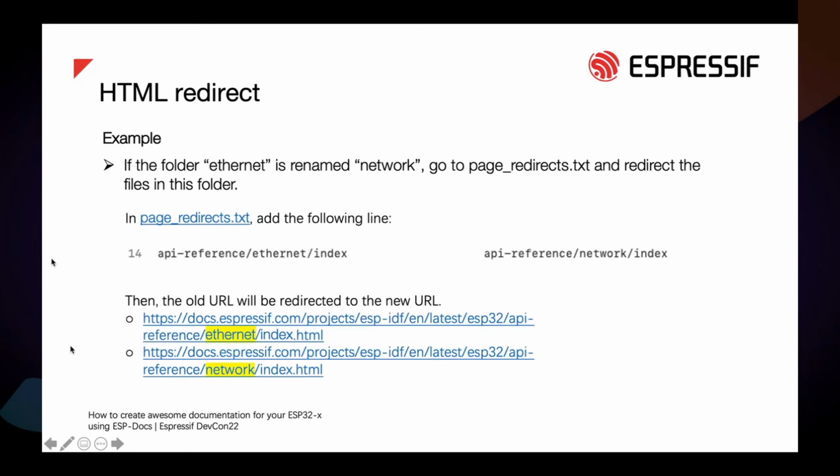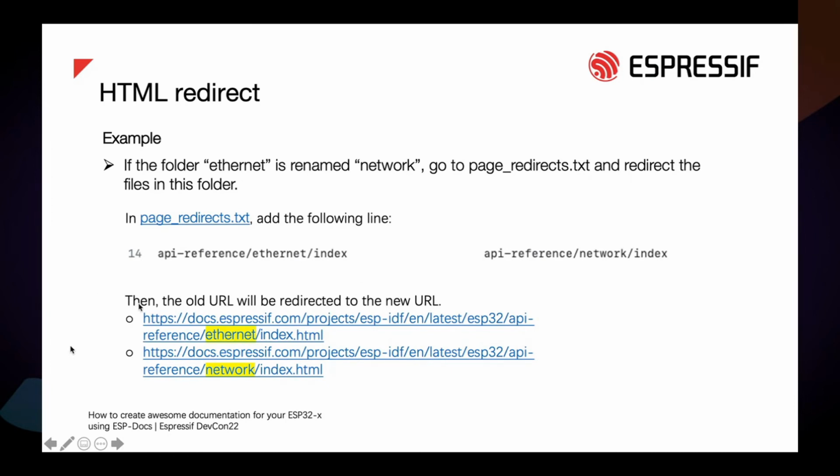For example, if the folder Ethernet is renamed network, go to page redirect txt and redirect the files in this folder. So in this ESP-IDF programming guide, we have such a file. So we add the following line: api-reference/ethernet/index and api-reference/network/index. This is the original or the old URL, and this is the new URL.